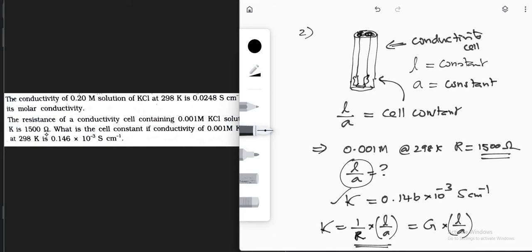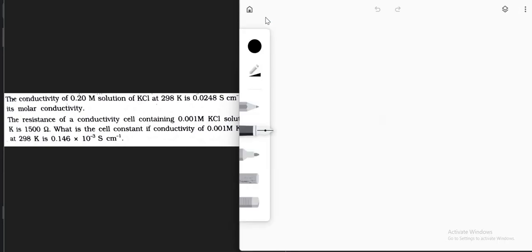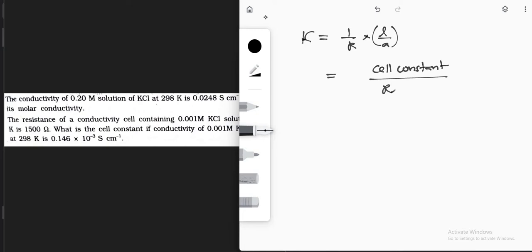Let me write in the next page. This expression, kappa equal to 1 by R into L by A, can also be written as: L by A is nothing but the cell constant, so I'll write the cell constant in the numerator divided by the resistance of the solution.